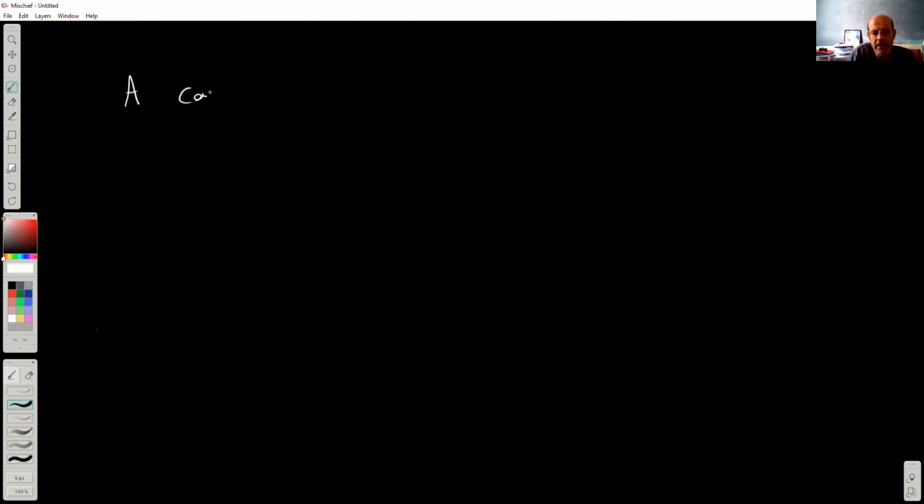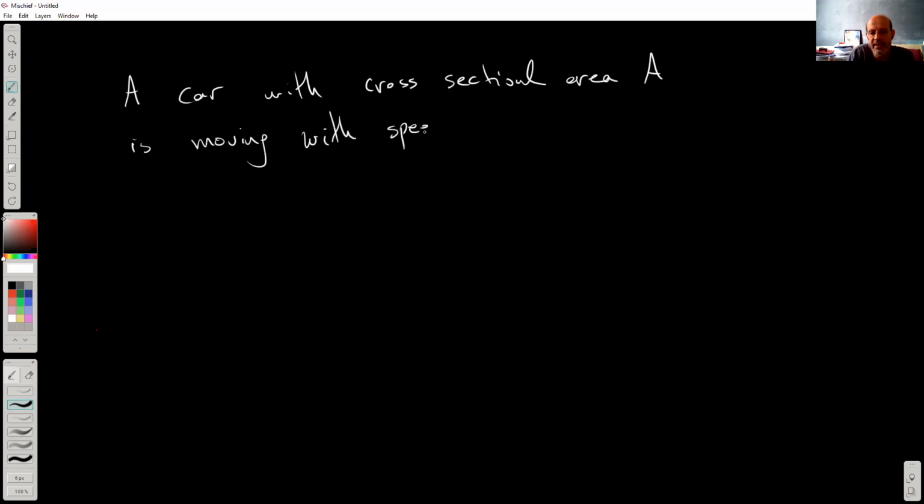A car with cross-sectional area A is moving with speed v inside air with density rho air.